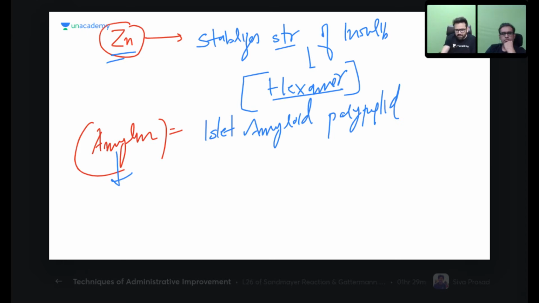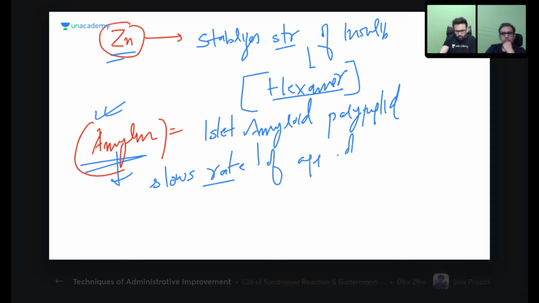So can you tell me why this is given in diabetes mellitus? Although it is not used in India, it is approved by FDA. Yes, because it slows the rate of appearance of glucose in the plasma. Satiety also, very good. Number one, it slows the rate of appearance of glucose in the plasma.